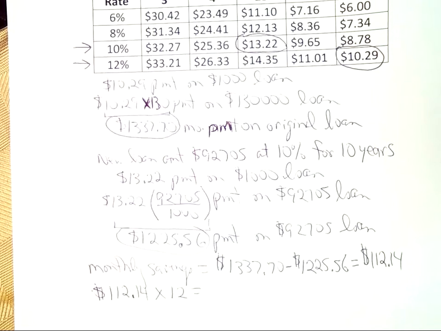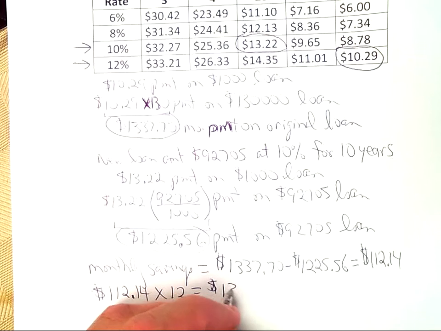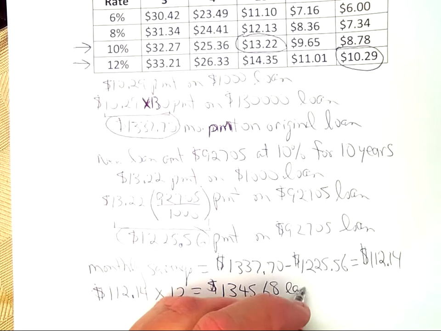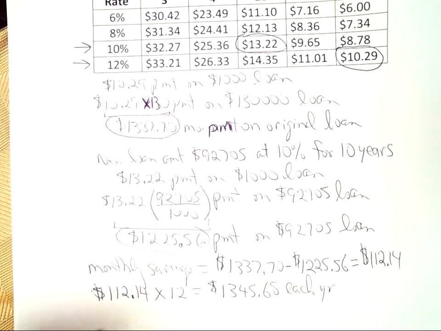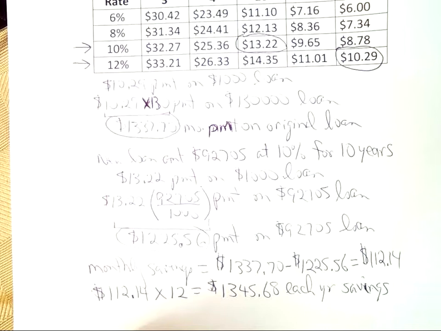So if you times that by 12, and it's such an easy calculation, I'll just do it off to the side, times 12, you end up saving $1,345.68 each year. That's your savings each year.